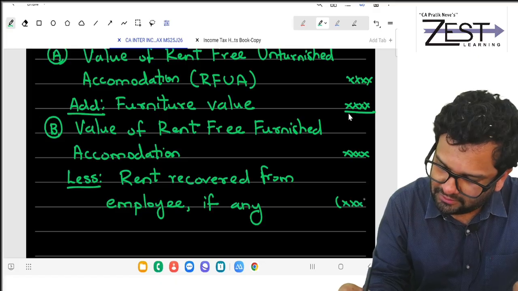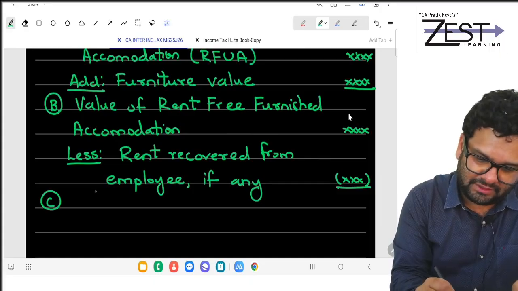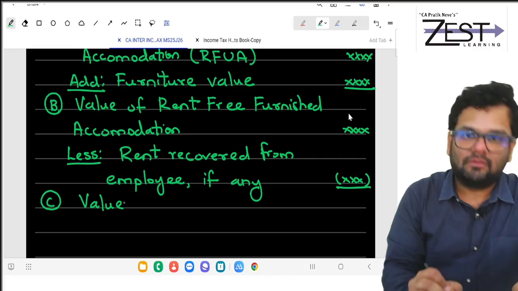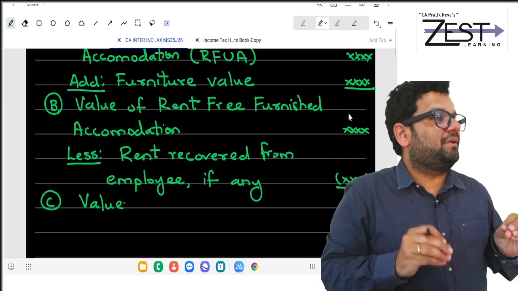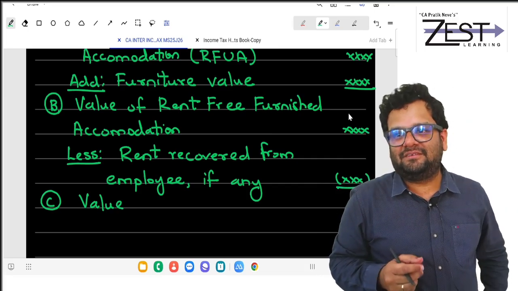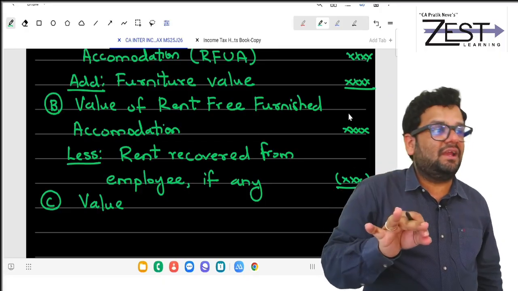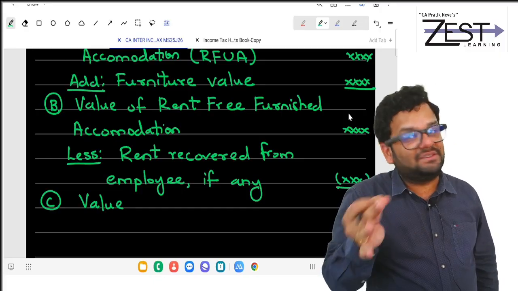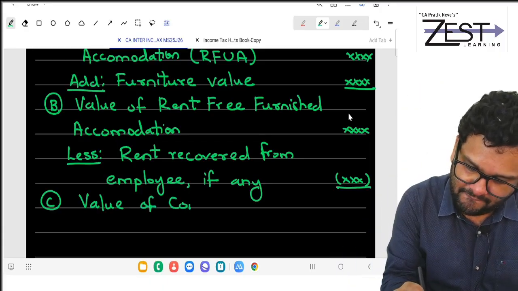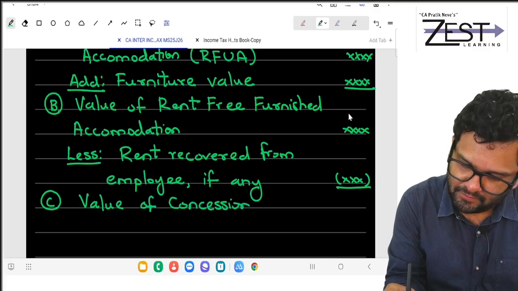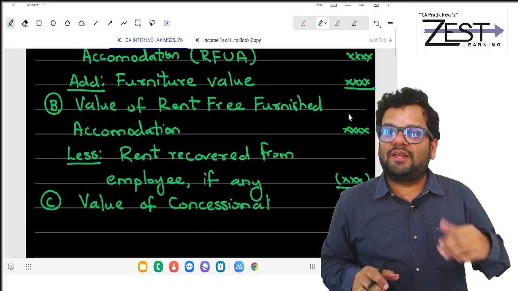So now what will you get? Think, what are you getting now? Because whether you will find this easy or difficult will depend on this basic. Now you are getting value of concessional furnished accommodation. Why concessional? Because some rent is recovered from employee. That's why concessional.